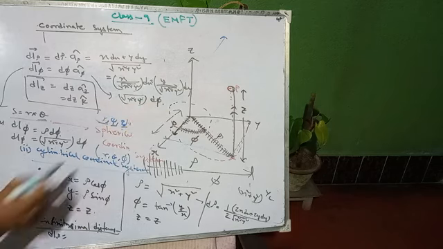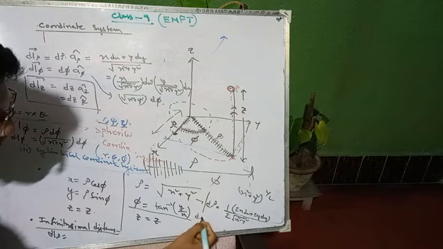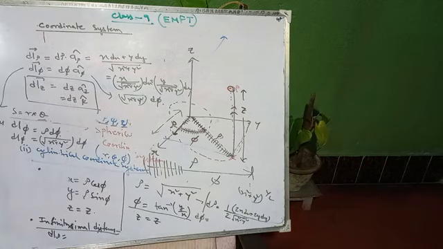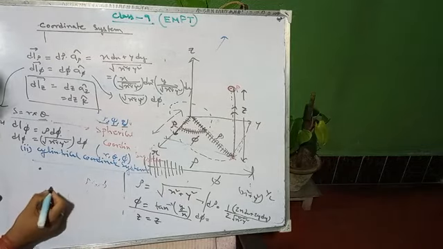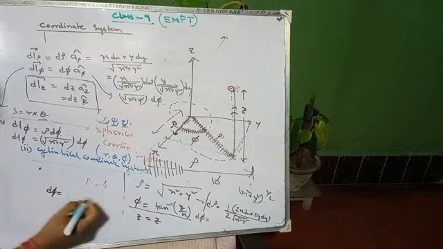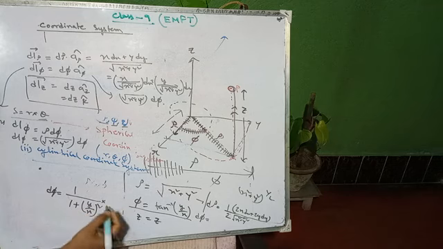Okay, so now you have to find d phi. So now phi is this one. So now if we differentiate, then what happens? What is the differentiation of tan inverse y by x? d phi equals to nothing but tan inverse means 1 by 1 plus y by x whole square, right? And here y by x is there, so x square will be denominator part.